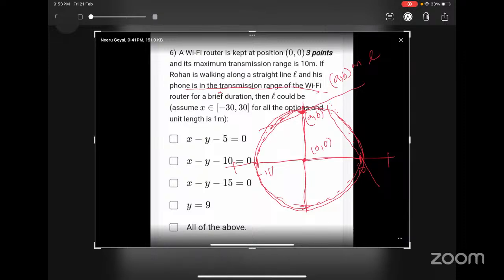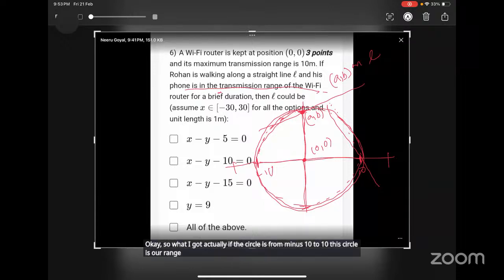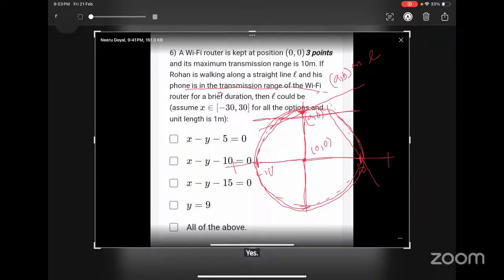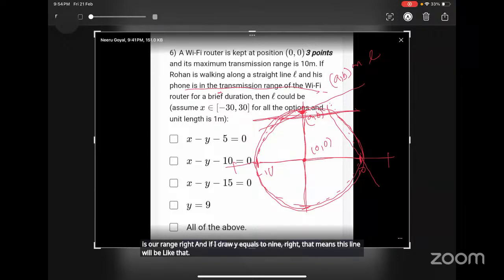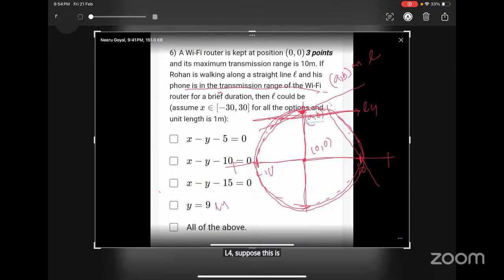Okay. So what I got actually, the circle is from -10 to 10, this circle is our range, right? And if I draw the y equals 9 line, it will be like that. This is the line L4, and this is L3, L2, and L1.